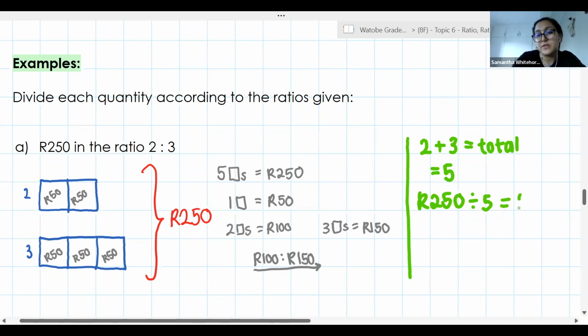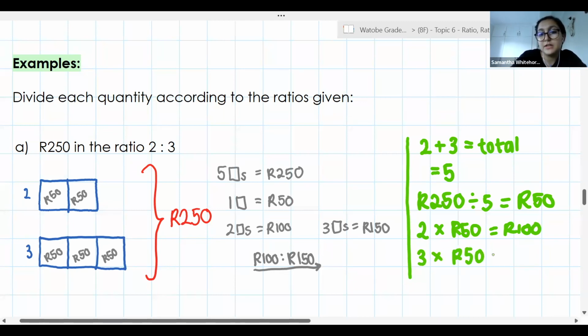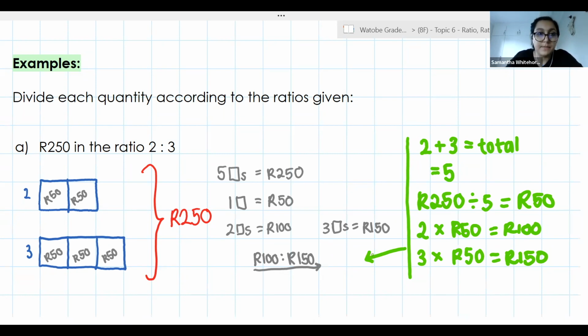So 250 divided by 5 we know is 50. And so now I know that for every 2 parts, I need to multiply by 50 to get my 100, which is the same as what I got previously. And my 3 parts, I times by 50 to get 150. And so my ratio ends up being exactly the same as what I got. I just have chosen not to draw blocks.